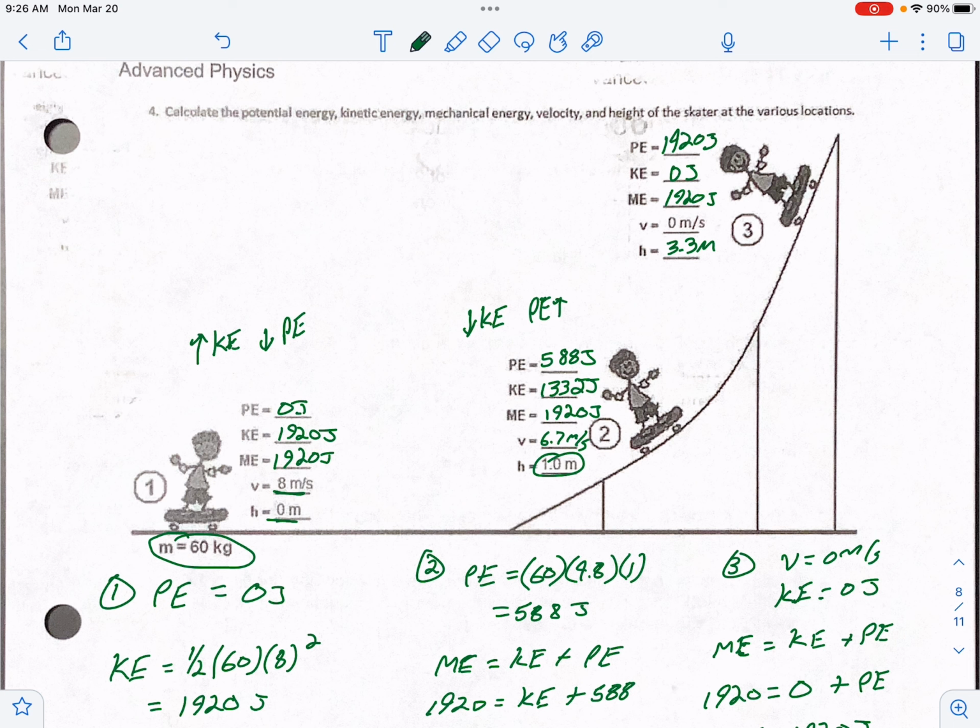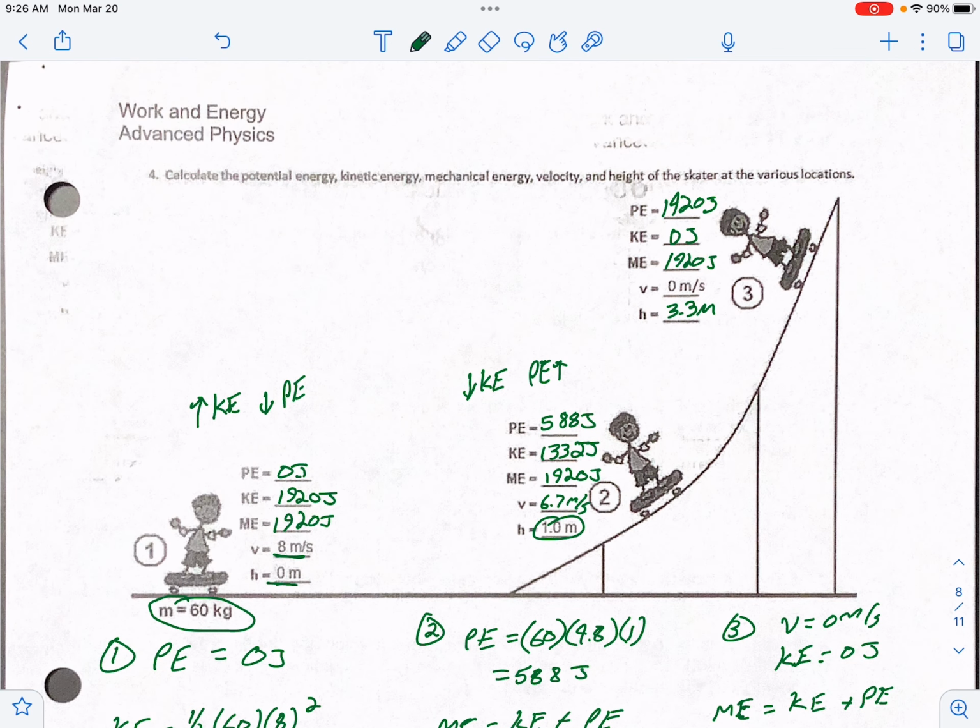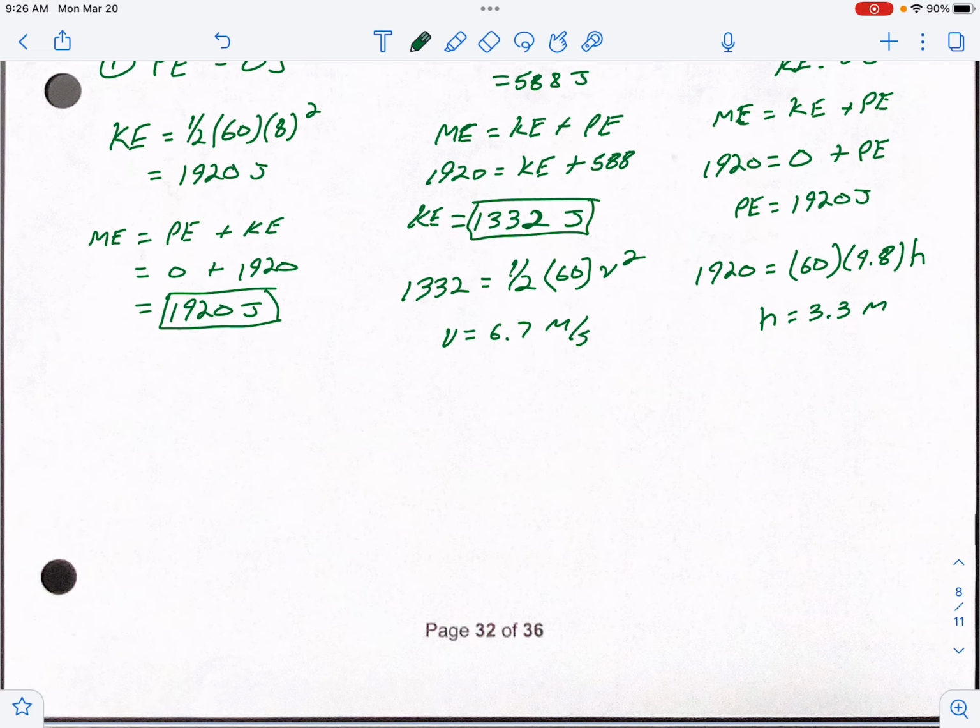Mechanical stays the same. All you're doing is shifting to another type of energy. Then at point 3, your potential energy is all the way up and kinetic energy is all the way down. Regardless, the entire time we have the same amount of energy, it's just shifting between the two. So that's going to end page 32.